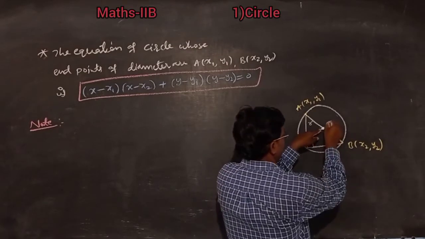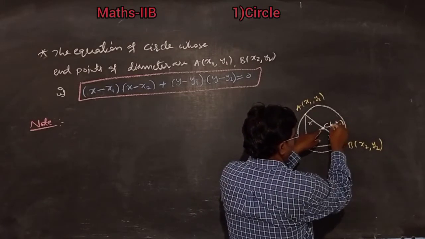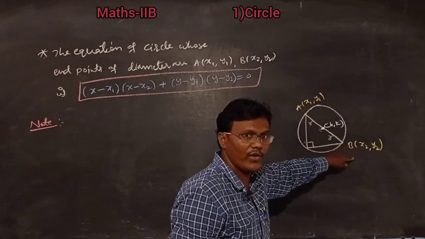The center h comma k is the midpoint of AB.